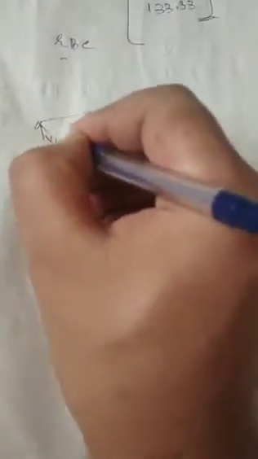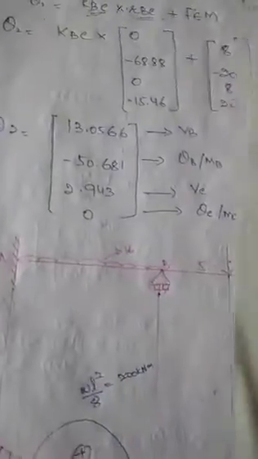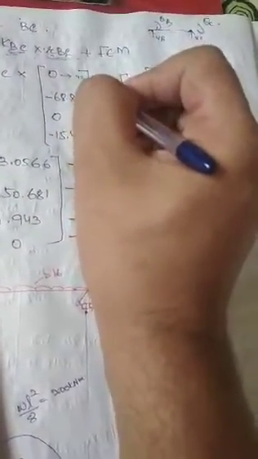How to do this? I will show you. This is RBC, a portion BC. Here it will be VB, rotation QB, reaction VC, and rotation QC. So here we have two unknowns, QB and QC. RBC: the first value VB will be 0.